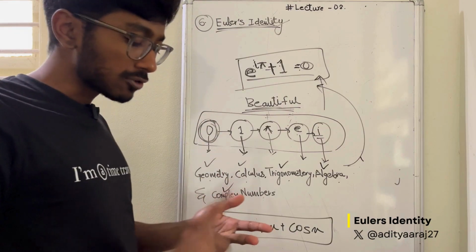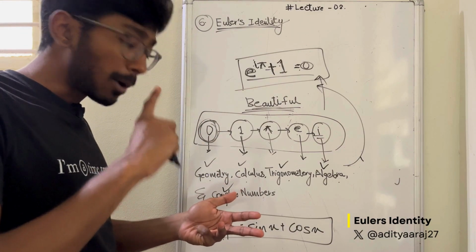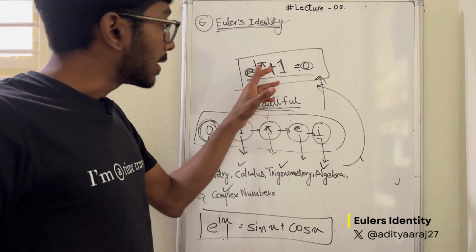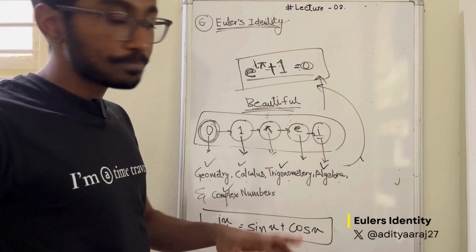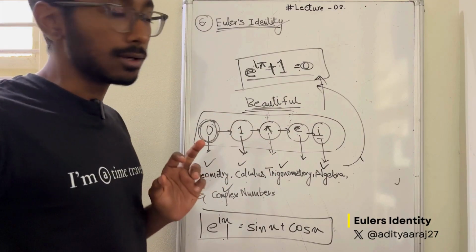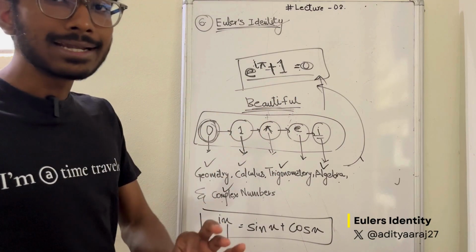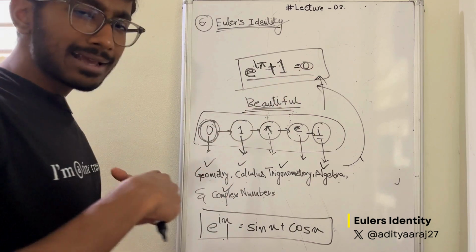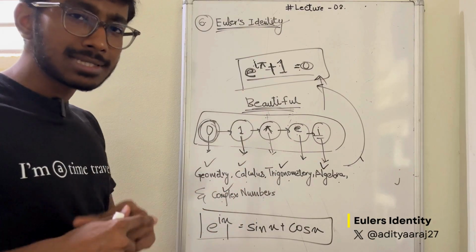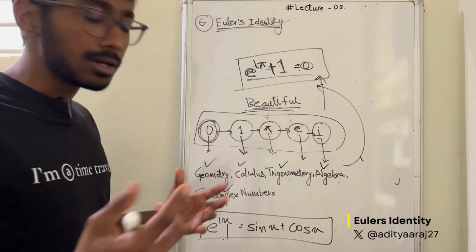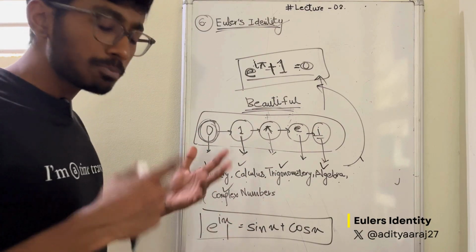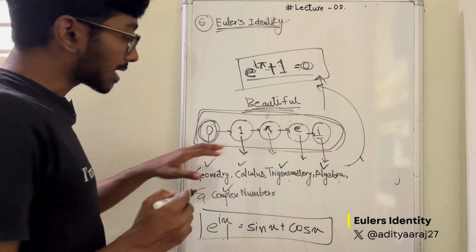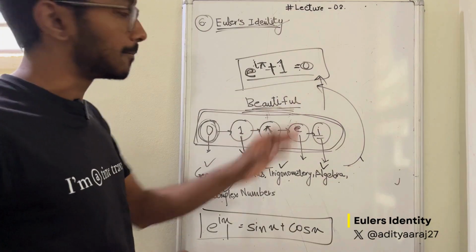Growth of bacteria, growth of virus, growth of population, everything is linked to the term e. i is the imaginary number, pi is the circle, 1 is the identity number. Anything multiplied by 1 remains itself, and 0 represents no value at all. Zero coins means nothing, zero pizzas means nothing. Exactly, this entire thing comes together and gets clubbed over here.